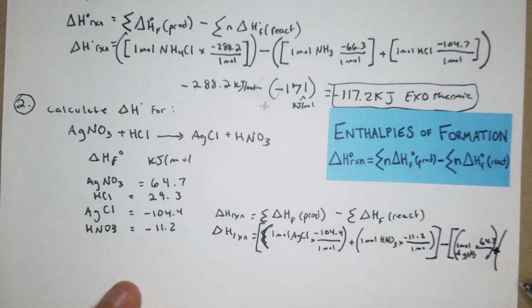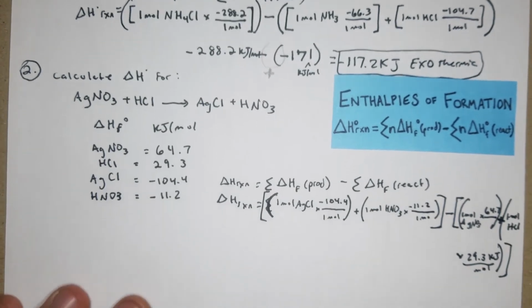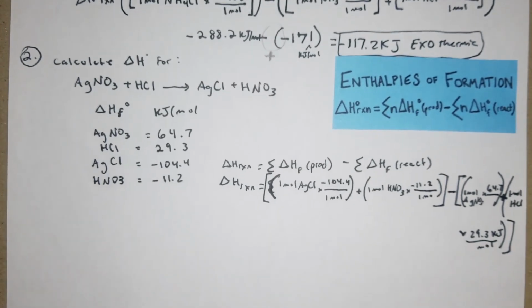All right, I'm really a dreamer. 1 mole of HCl, I'll just continue it down here, times 29.3 kilojoules per mole, bracket. All right, so that didn't exactly go as planned, but here we go.